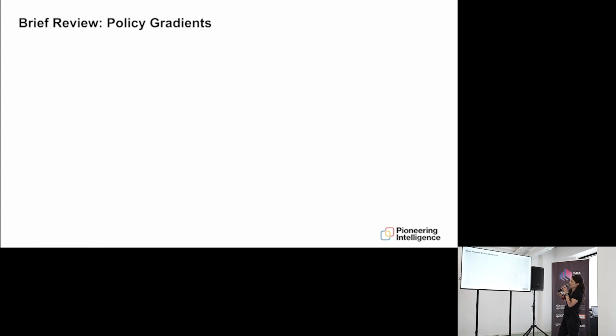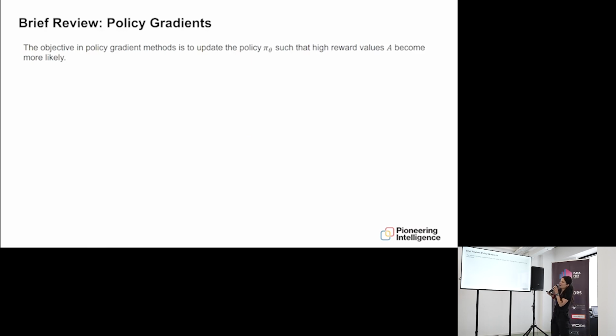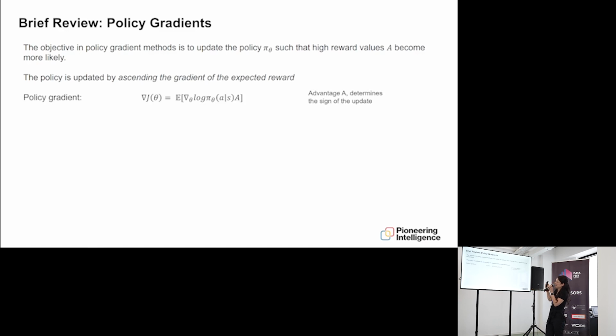So, policy gradients. The objective in policy gradient methods is to update the policy pi such that actions with high reward become more likely. The policy is updated by gradient ascent towards the expected reward. This is already a little bit to wrap your head around, since you are so trained as a machine learning scientist to do gradient descent. Here we're doing gradient ascent.